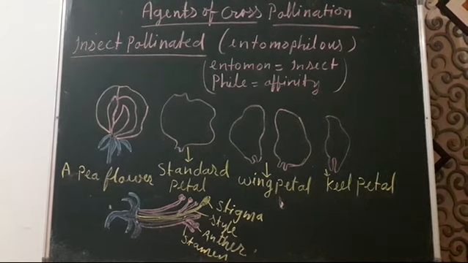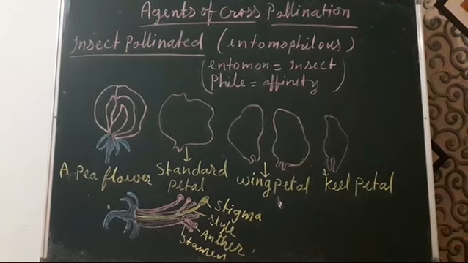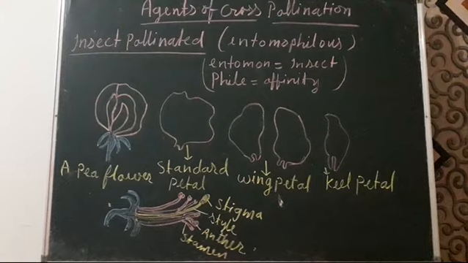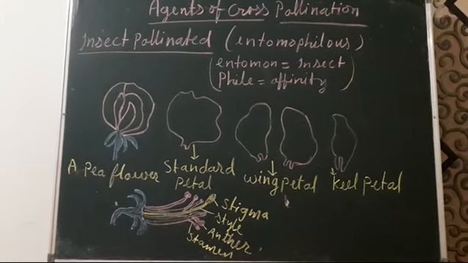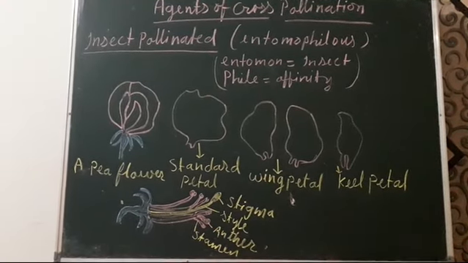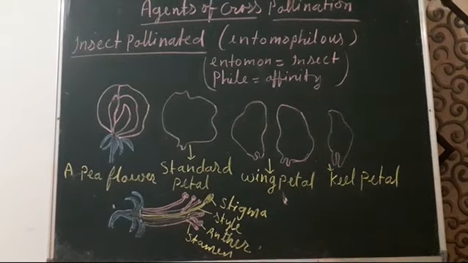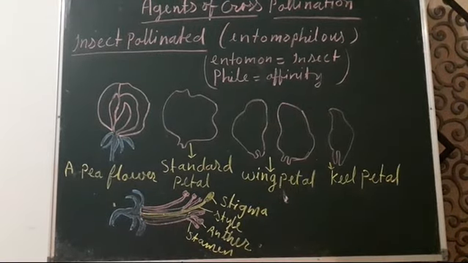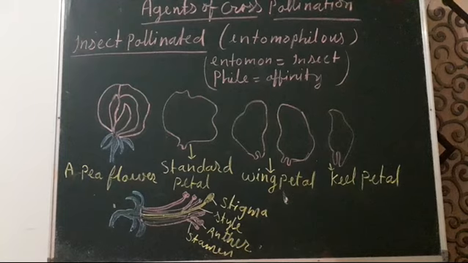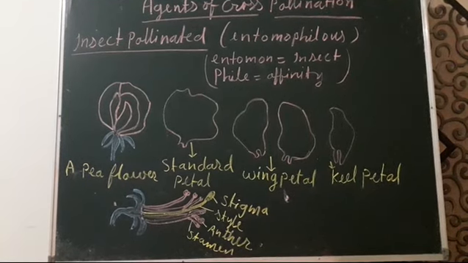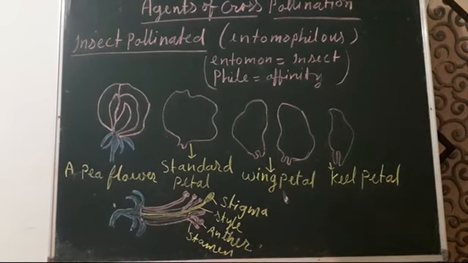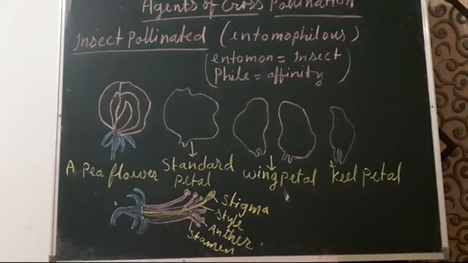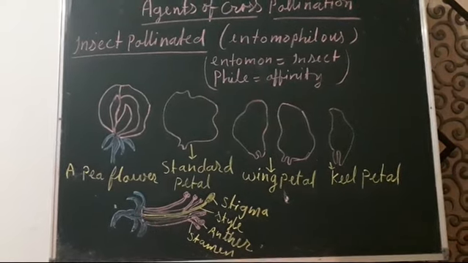The pollen grains are sticky or spiny to enable them to be carried by the insect easily. The stigma is sticky and does not generally hang out from the flower. So these are a few characteristics. At least 4 you need to learn. That is important.